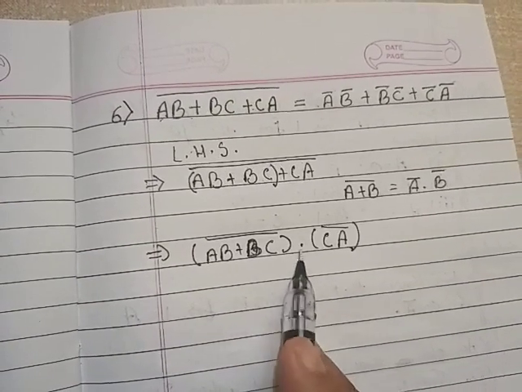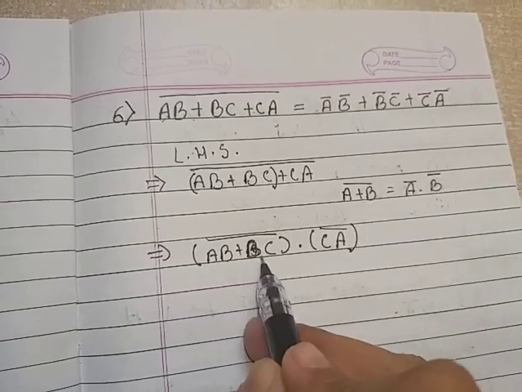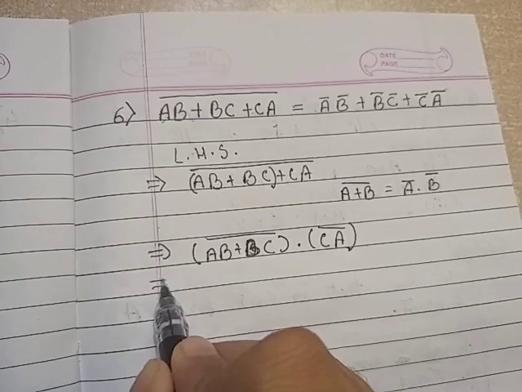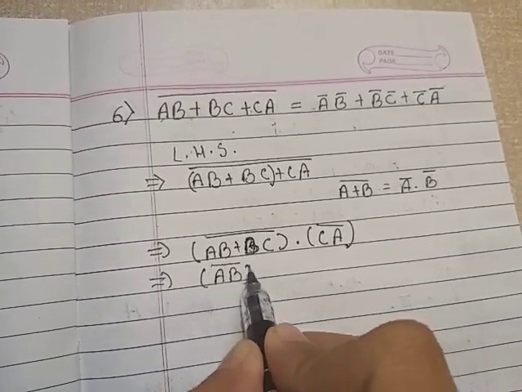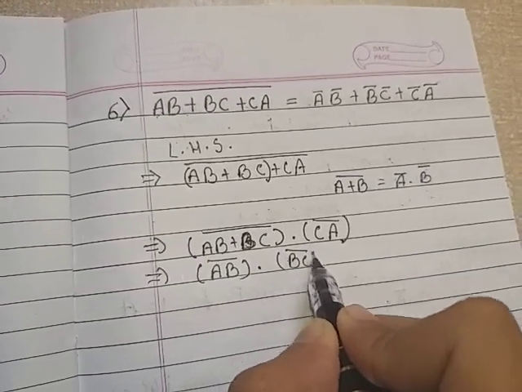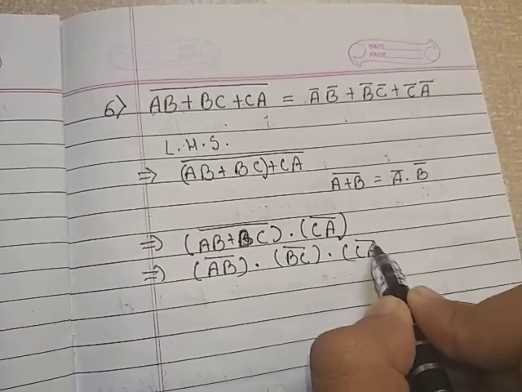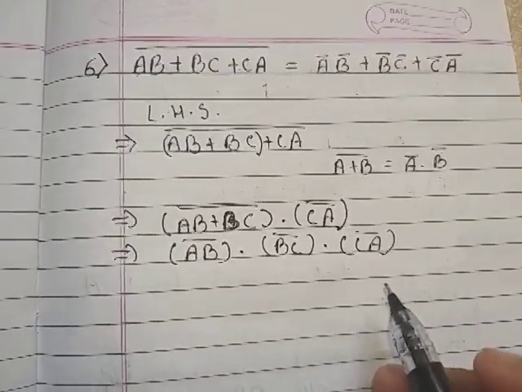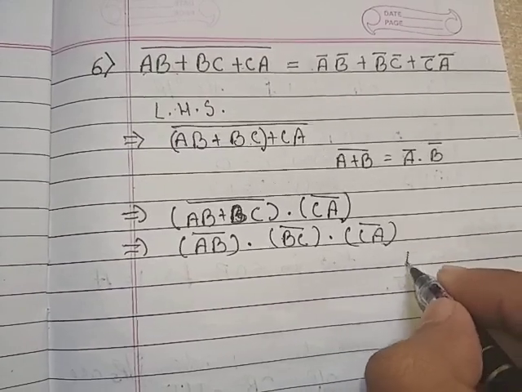Now I am going to apply the same formula again. A plus B to the whole bar is equal to A bar dot B bar. So I will get (AB) to the whole bar dot (BC) to the whole bar dot (CA) to the whole bar. Now again I am going to apply De Morgan's theorem.